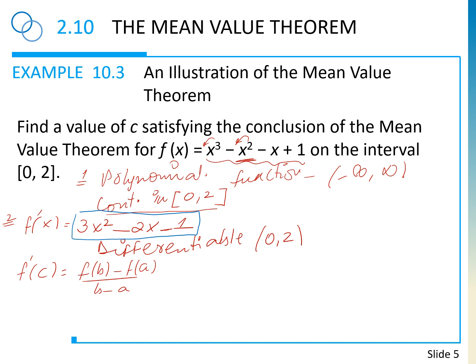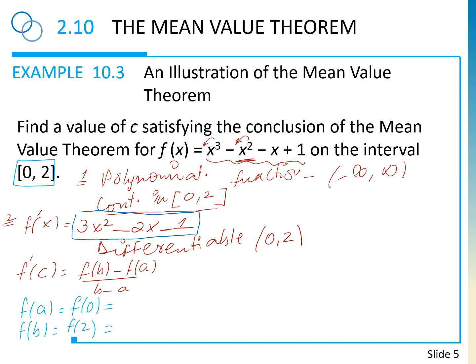I'm writing here f of a. It means the y value at the initial point. The interval is starting from 0, so f of 0, and the last point f of b is f of 2. So we have to find the values of y at 0 and 2.